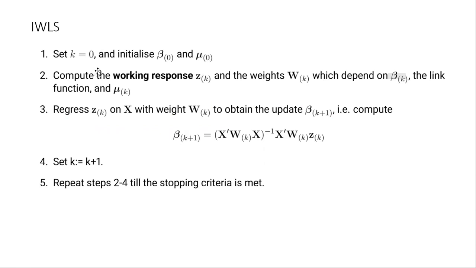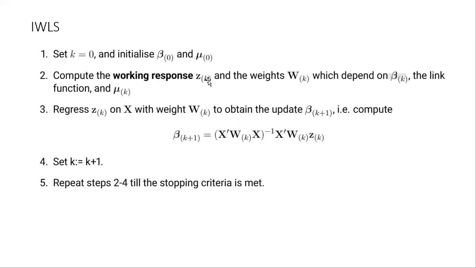So how do we set it up? We initialize the parameters. If we're using the canonical link, we don't have to worry too much about how we initialize it, because we know that from wherever we start, we're going to reach the global optimum. Set K to 0. Next step, obtain the working response and the weights.